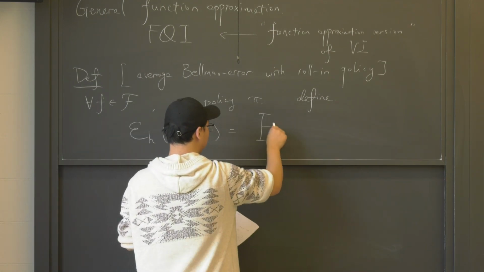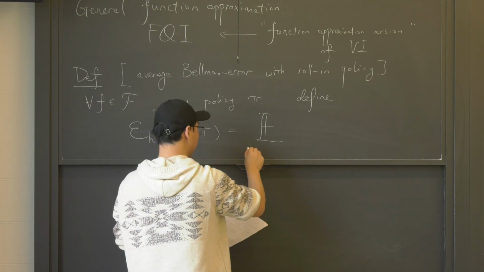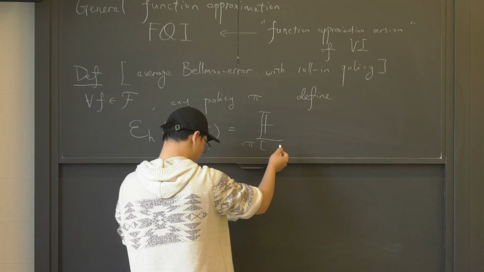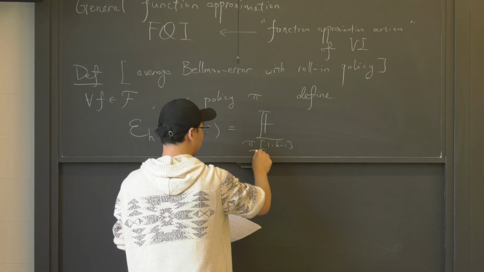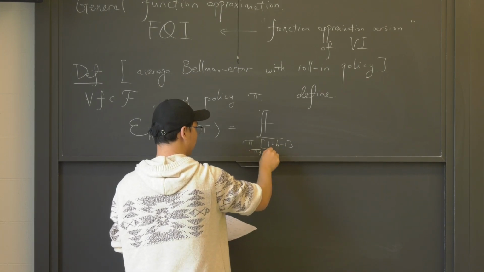We take an expectation where in the first h minus 1 steps, we use policy pi, steps 1 to h minus 1, and in the very last step, at step h, we use the policy of f.